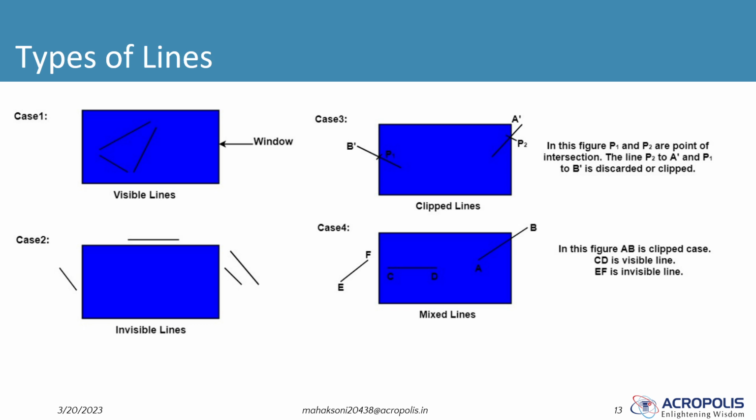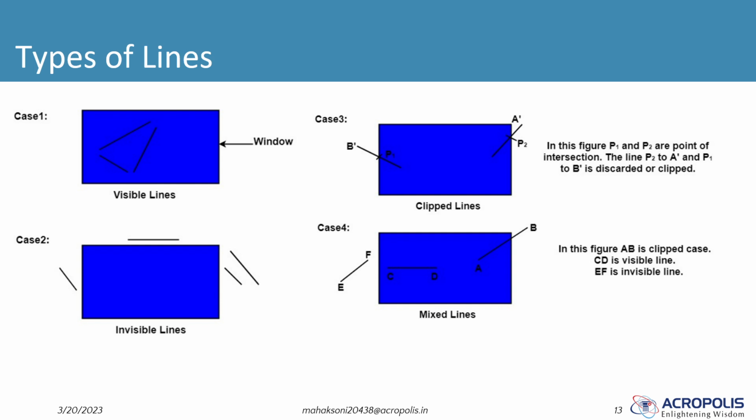In the third case, lines are on the window boundaries, so we need to determine the intersection point, and we need to remove the part which lies outside the window boundary. So in case 4, it is seen that some part of the lines are outside, some part of the lines are inside, some part of the lines are on the window edge.